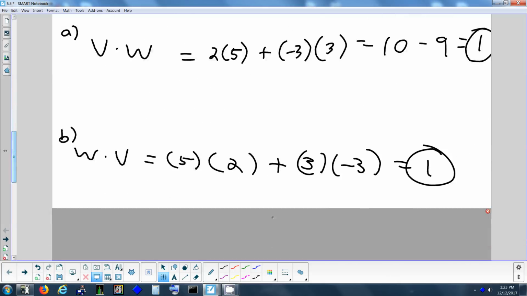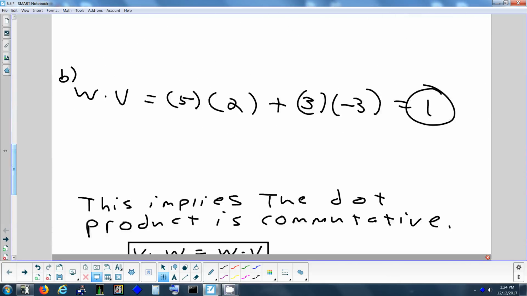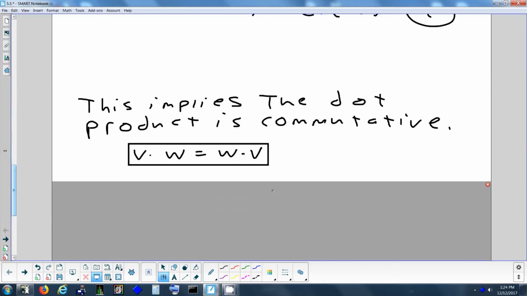Yes. So it doesn't matter which way you put it as long as you have the x's together. What does that mean? It's the same thing. So what does that mean about the dot product? It's commutative. Yes, so the dot product is commutative.